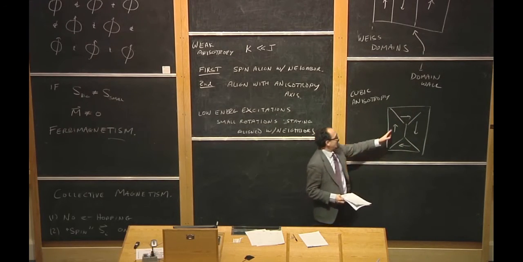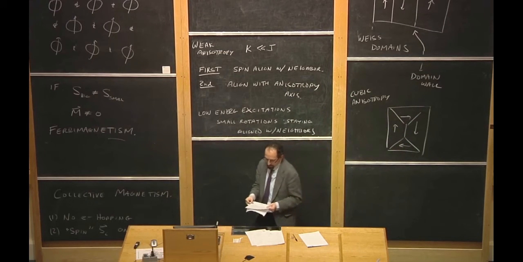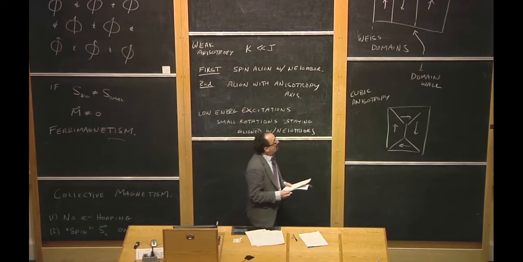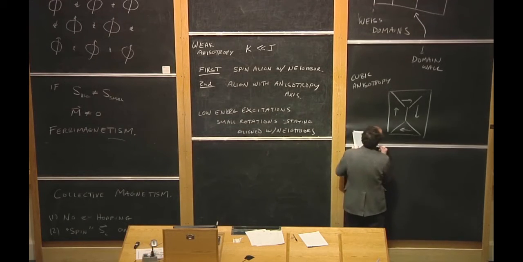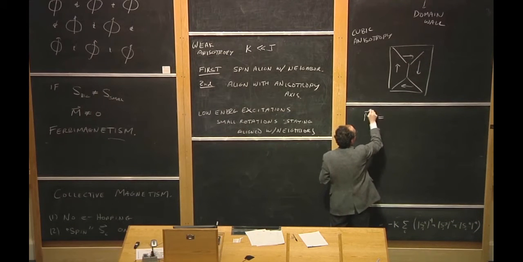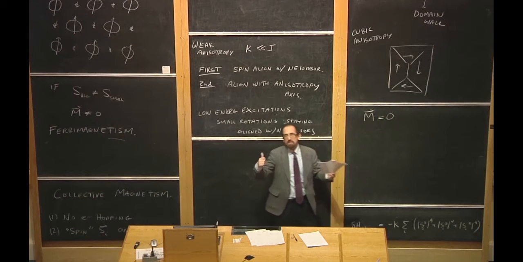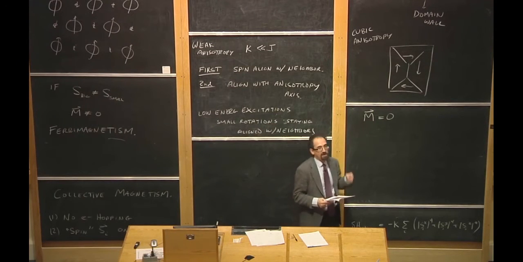This puts each dipole sort of head to tail with the next dipole, which improves the energy even better. Now, overall, the total magnetization of one of these magnets is 0 again, because you have just as many up domains as down domains, and you get no magnetization at all.